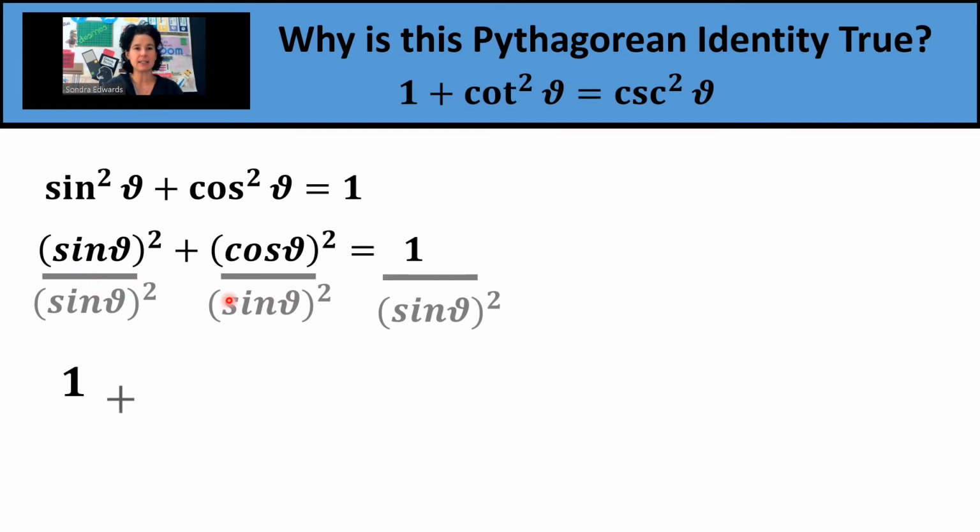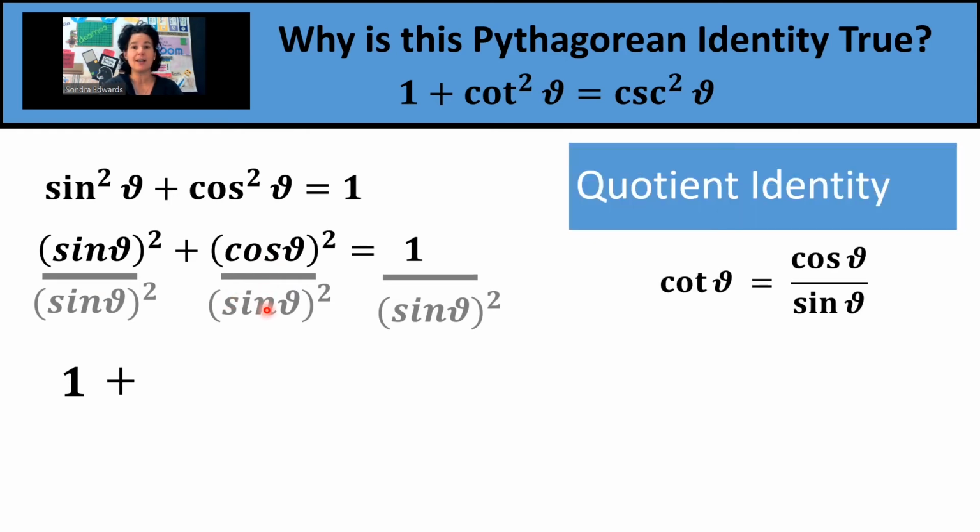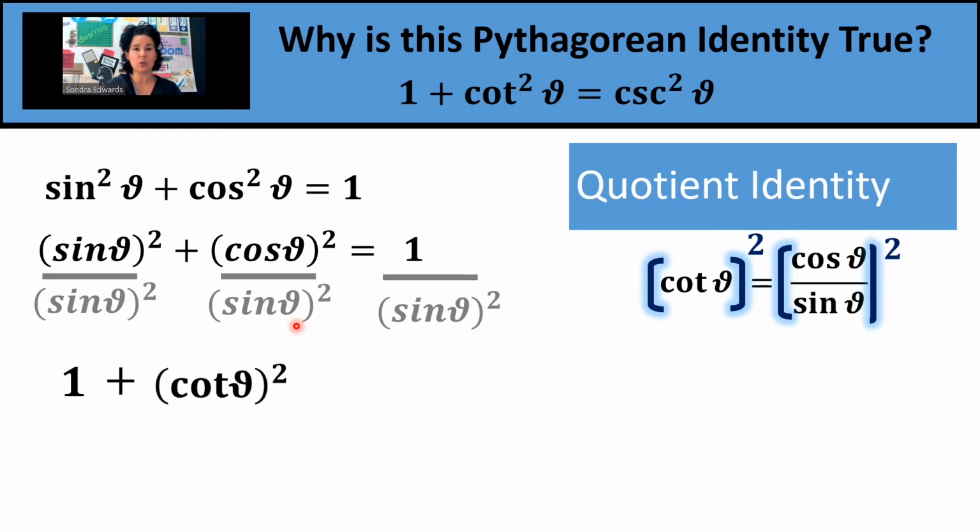Plus, now cosine over sine should look familiar to you. That is a quotient identity. If we square both sides, then cosine of theta over sine of theta squared is cosine squared over sine squared. And so we're going to be able to replace that with the cotangent of theta squared.